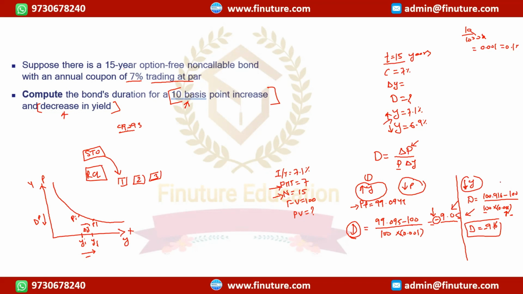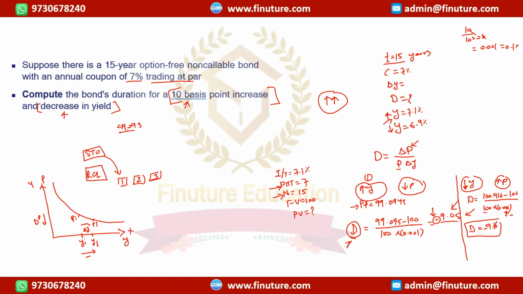When your delta y is going up, your delta p is going down. So if one variable is going up, the other is going down, and vice versa. That's why in both cases we have a negative relation. If both variables go up, then the slope of this function would be positive, and this negative sign won't be there.